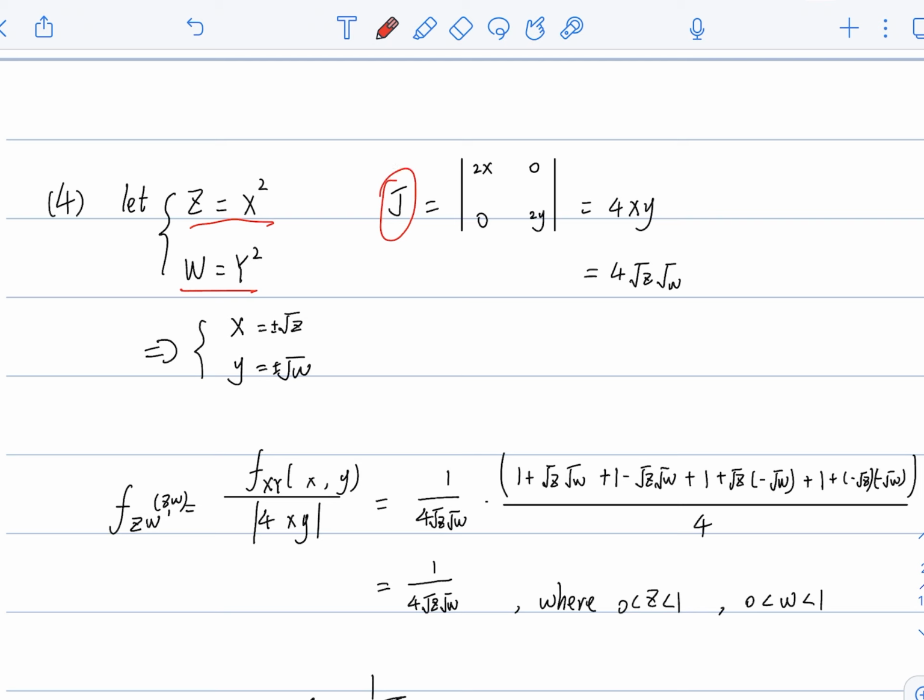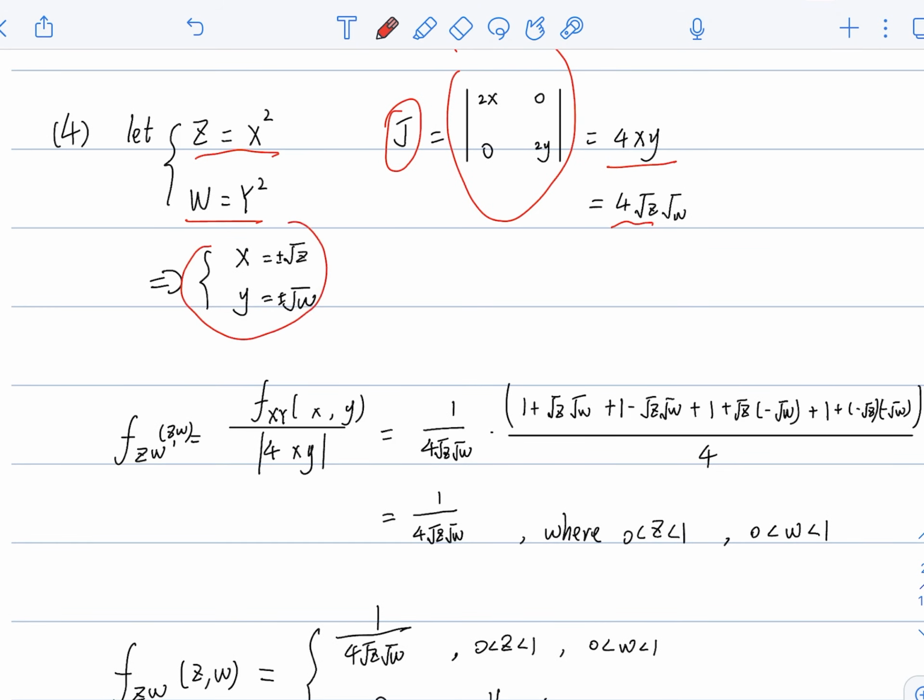Therefore, the Jacobian is equal to this matrix, which equals 4xy, which is 4 times the square root of z and the square root of w. And it implies that x is equal to positive or negative square root of z, and y is equal to positive or negative square root of w.